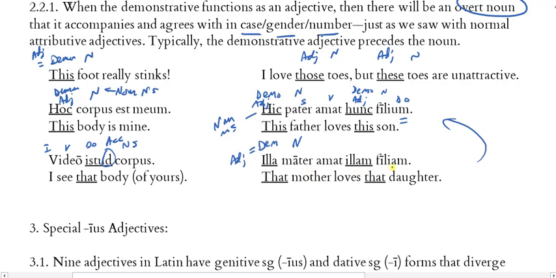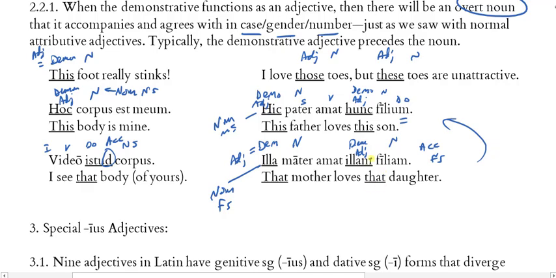And then illam filiam is a demonstrative followed by a noun. This demonstrative matches in case, gender, number, so its function is the adjective function. Which daughter? That daughter. All right. And by the way, it is now no longer nominative, but accusative feminine singular, whereas this one was nominative feminine singular. Okay, so illa, nominative, illam, accusative.